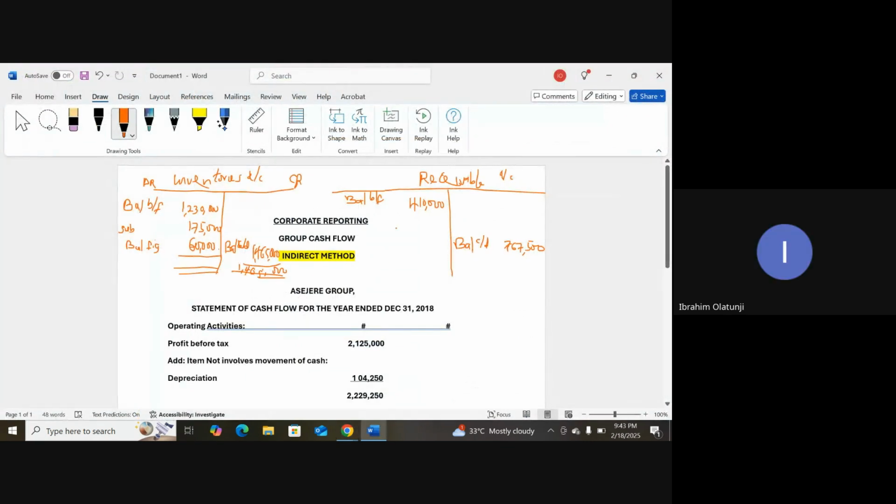Okay, 212,500. That is the subsidiary. Then you do the same thing the way we treated the inventory: add it together, and let's see the one that is higher and the one that is lower, whether it is an increase or decrease.